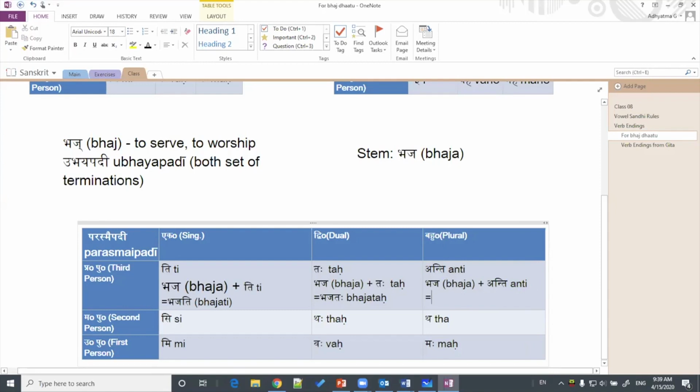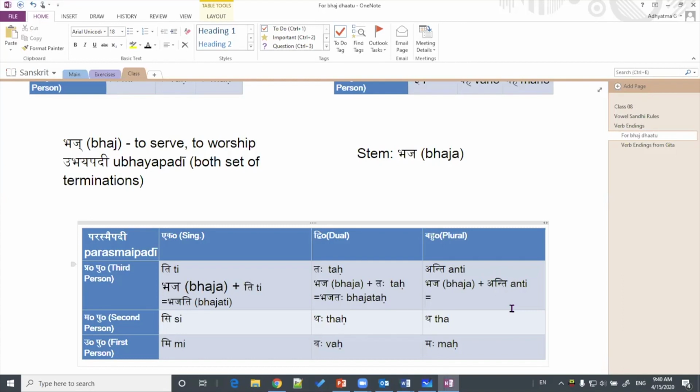Now here it doesn't seem very straightforward, because we have already studied the Sandhi rule, and the Sandhi rule says akara followed by akara becomes long akara. So it seems like when I combine these two, it should become bhajaanti, not bhajanti. But we also know from our study of the gam root that it's gachanti, so it should be bhajanti.